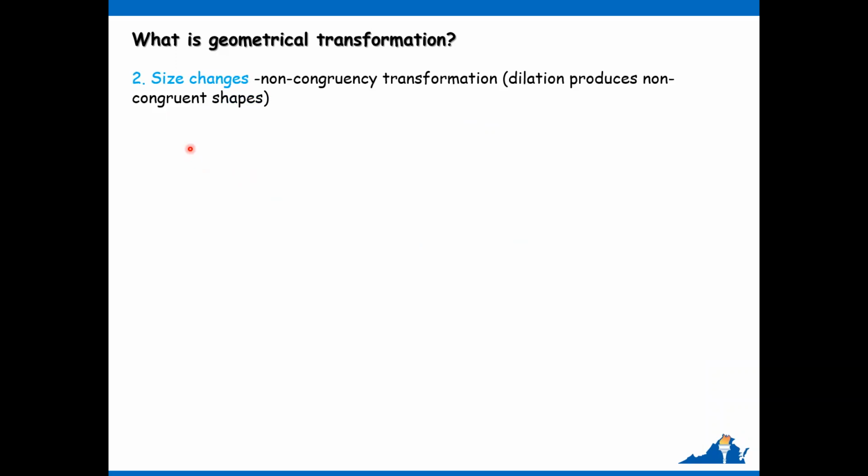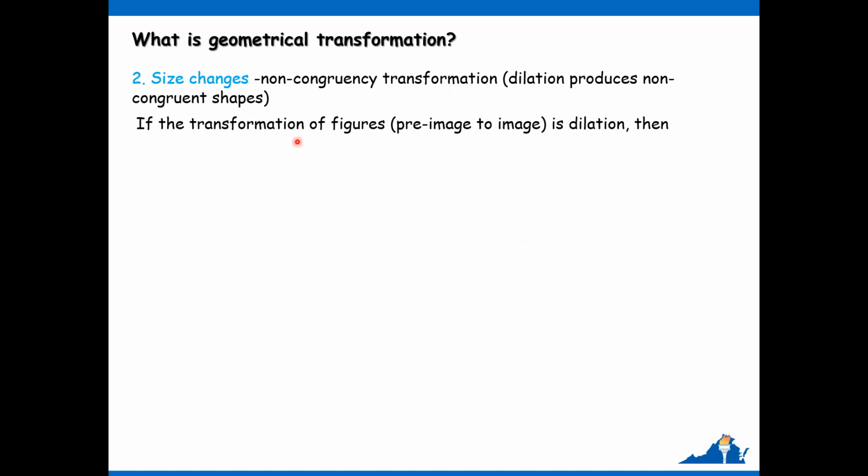Again, the transformation could be a size change. This is what we call non-congruence transformation, and dilation produces non-congruent shapes. So dilation is the non-congruence transformation.